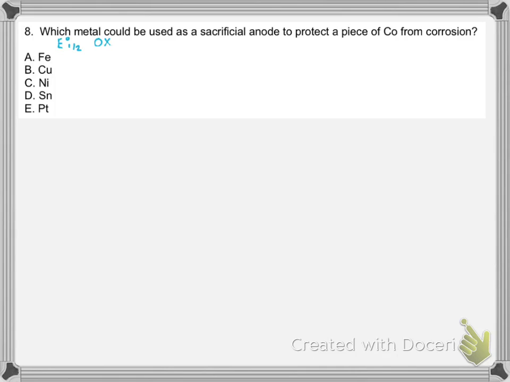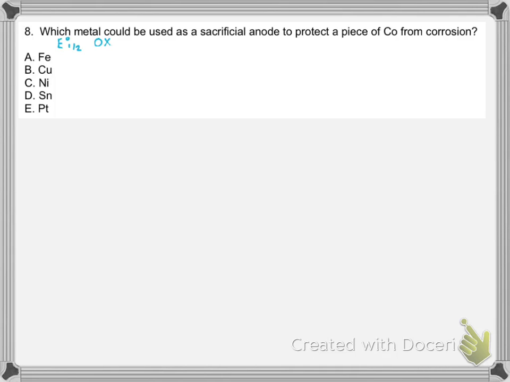In number 8, they're asking which metal could be used as a sacrificial anode to protect a piece of cobalt from corrosion. So we want to find something that's better at being oxidized than cobalt. We can look for their oxidation potentials on the data table by finding these metals on the product side of the reactions and flipping the potentials.